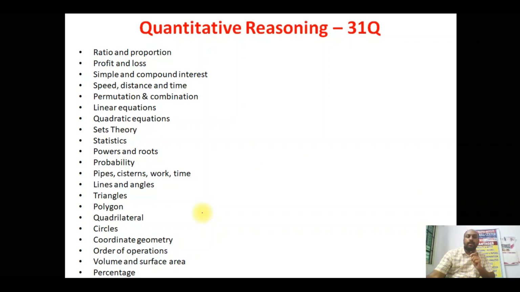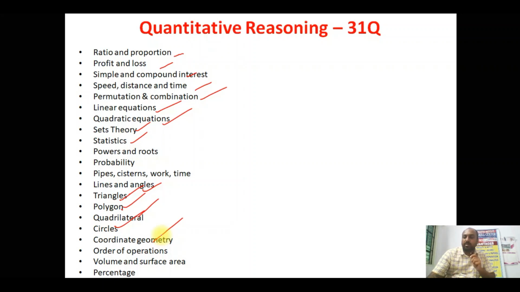Like that, there are all these topics related to ratio, proportion, profit and loss, SI and CI, speed, time and distance, permutation, combination, linear and quadratic equations, set theory, statistics, almost all algebra topics and all geometry topics. We can say geometry means lines, angles, polygons, triangles, quadrilaterals, circles, coordinate geometry, and also volumes, areas, surface areas, these all will be covered.